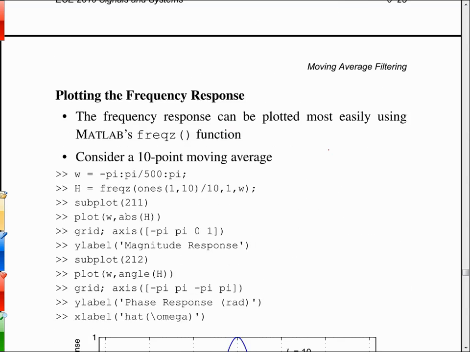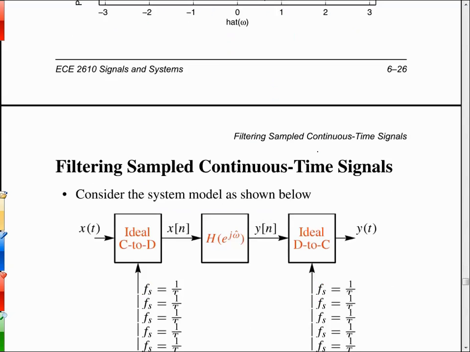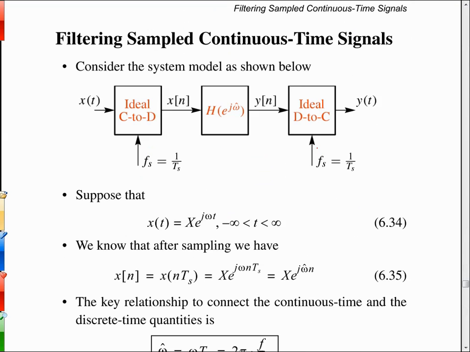But this other really important topic in applying digital signal processing to analog signal processing is this topic right here. So we've been focusing in this chapter on just the filter part. But now suppose you want to build a DSP system, and that's what you're going to be heading into in lab number 9.